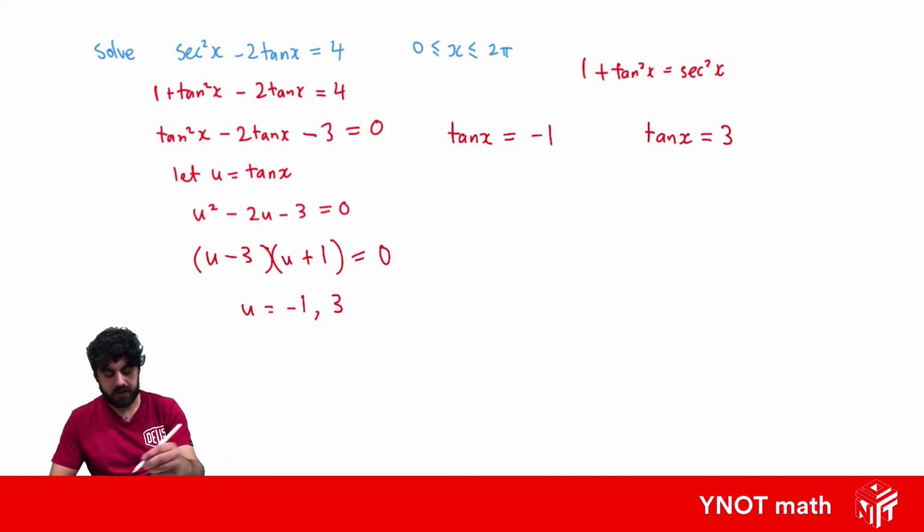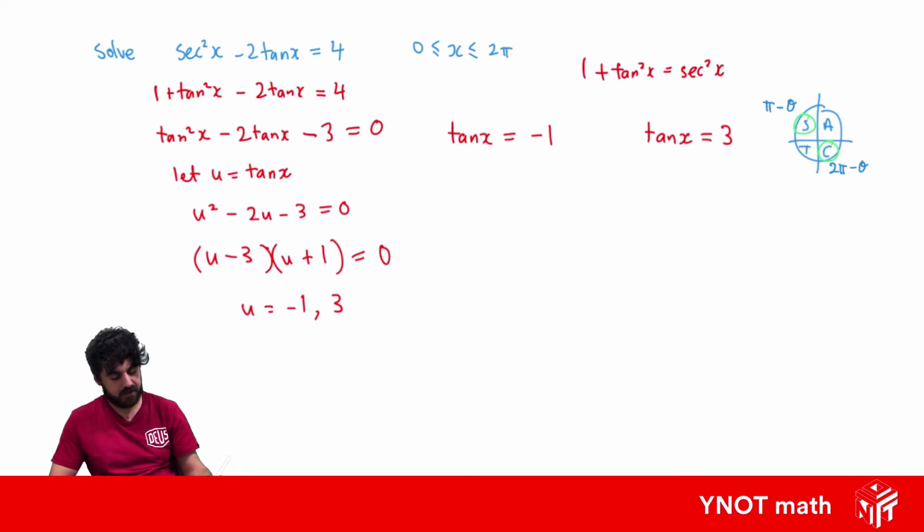So then we're going to need our unit circle to help us solve these equations. In our first one, we're looking for values of tan that are negative. And that's going to happen in our second and fourth quadrant, where we're going to get pi minus our base angle for our second quadrant, or 2 pi minus our base angle for our fourth quadrant.